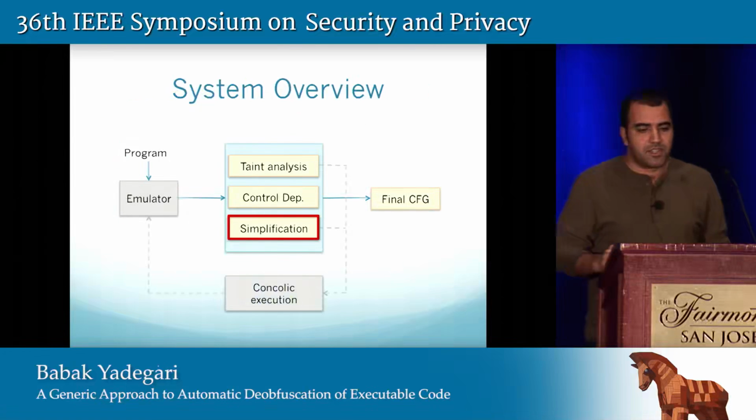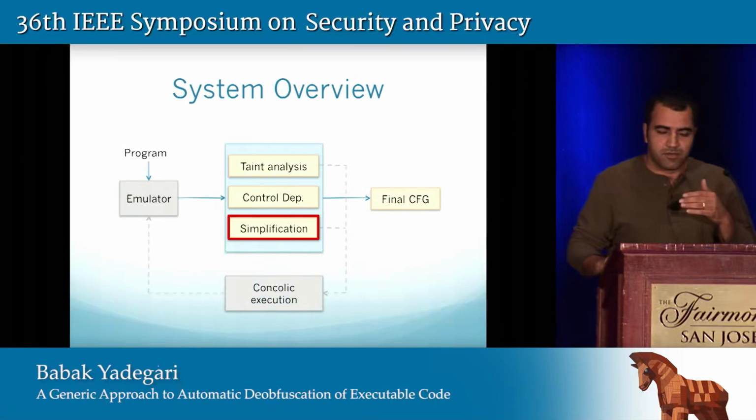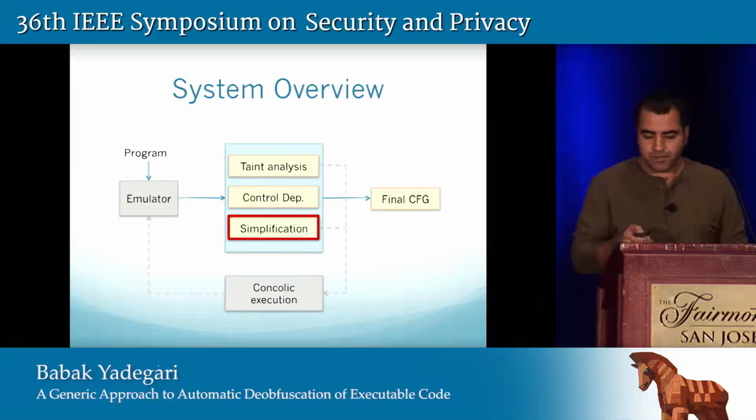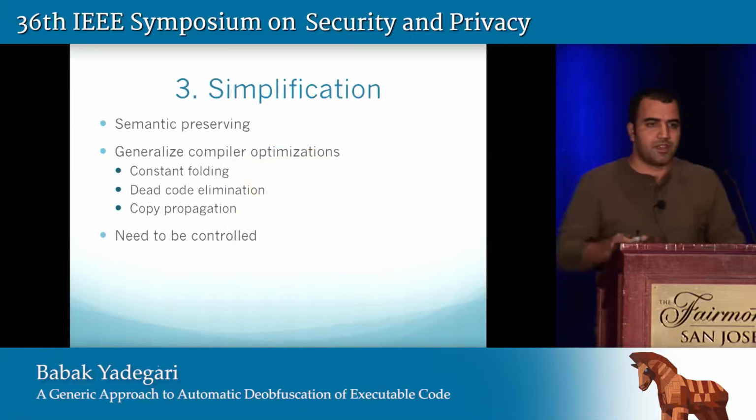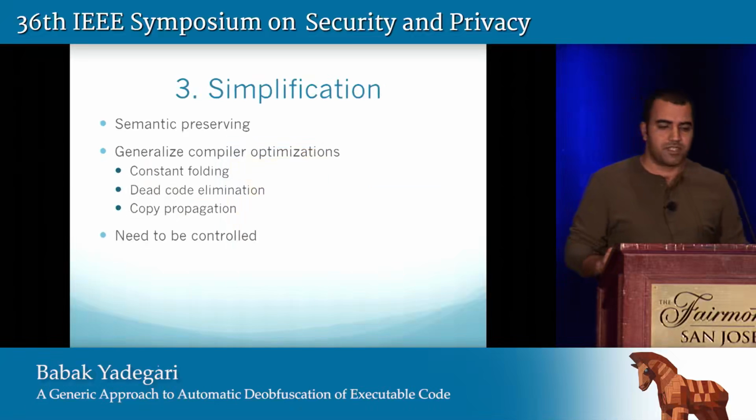So then after finding the control dependencies, we have actually identified significant instructions or statements in the trace that we want to keep. Then we apply some simplification transformations. These transformations are basically semantic preserving, meaning that they don't change the behavior of the code or a basic block.